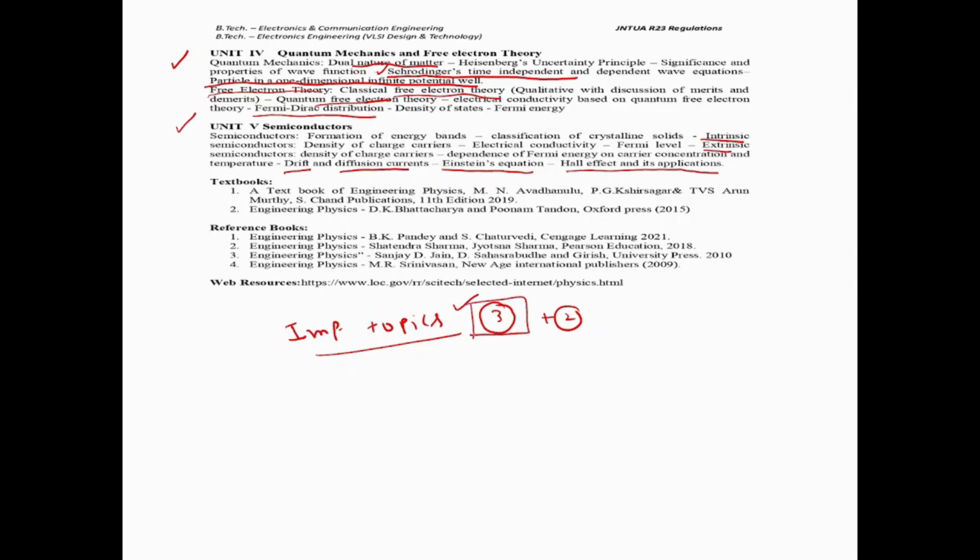On these particular 3 units, you have to prepare the complete syllabus. Then for the remaining 2 units you can select important questions, then definitely there is a possibility of getting a minimum of 70%. This is today's information.